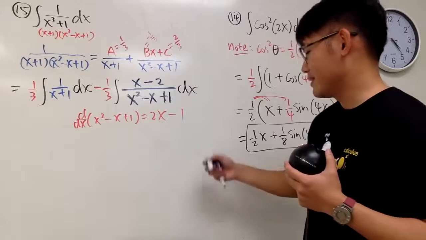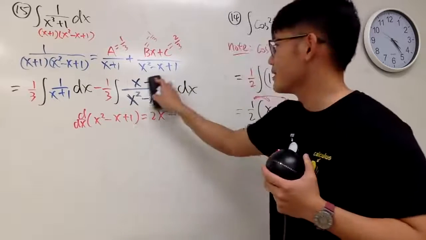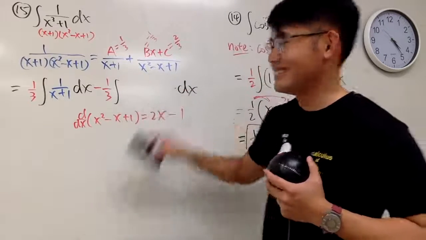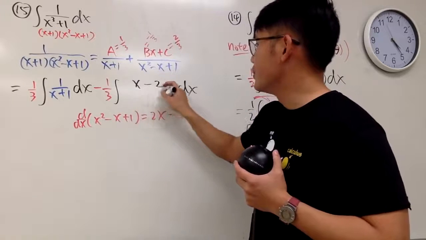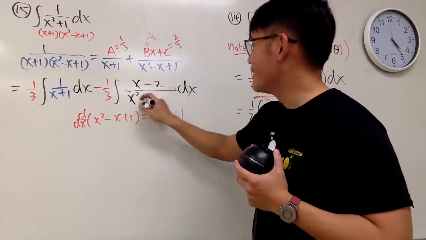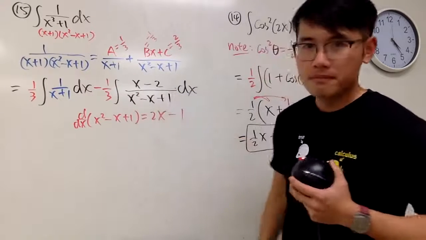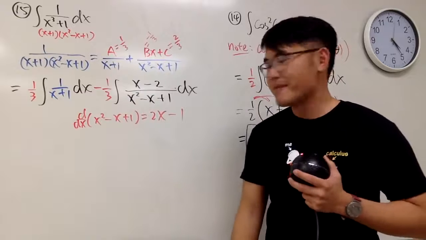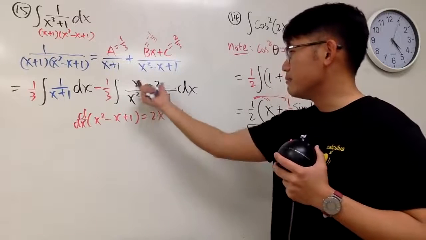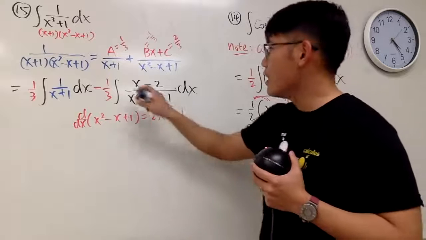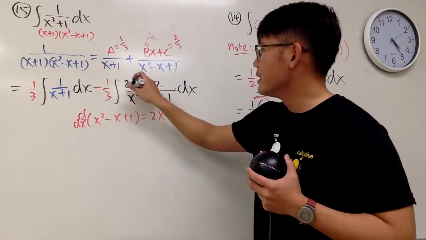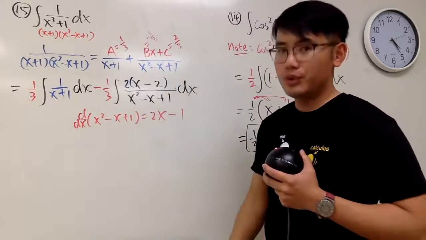I will do this. Actually, I'll put this down in black. Again, x minus 2 over x squared minus x plus 1. This is serious now. I want to have a 2x minus 1 on the top to help me out. This is how. I'm going to multiply the top by 2.